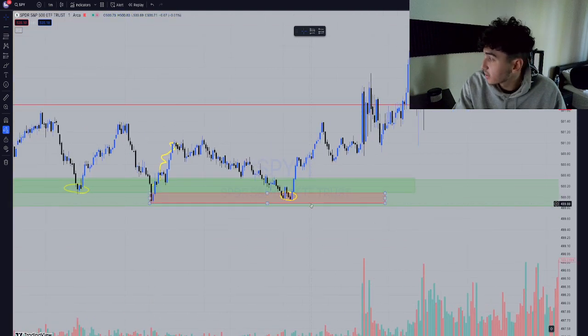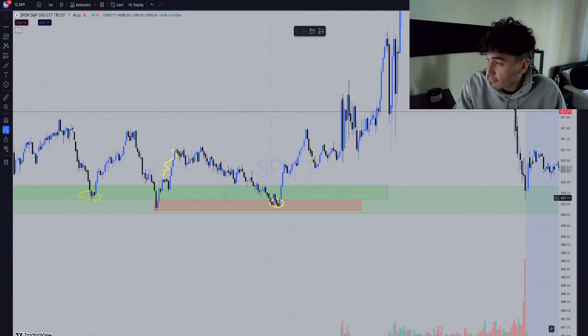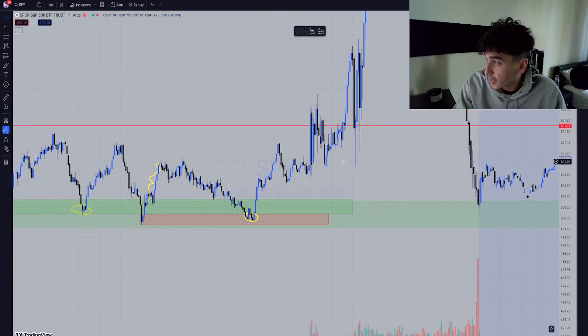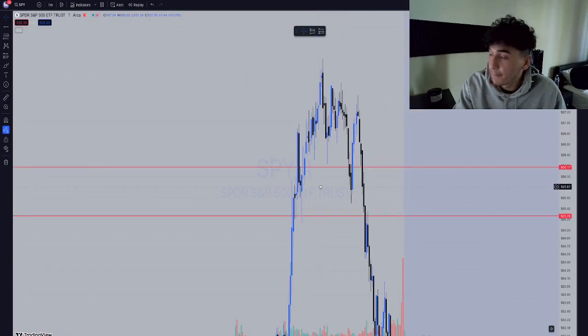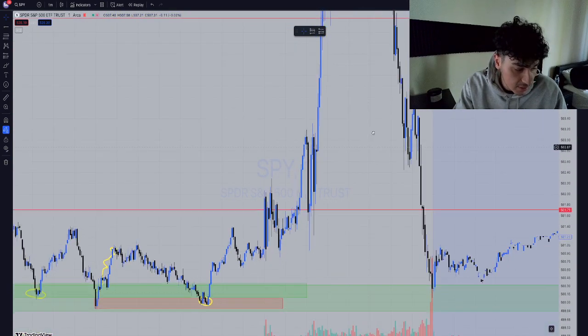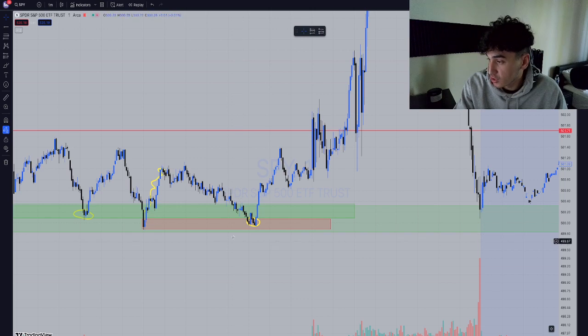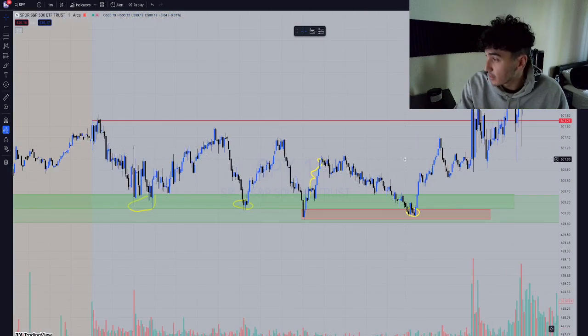You're literally risking like 10 to 15 cents on this trade. And then obviously you can see price heavily respects this zone, pushes up from this zone, buyers step in like crazy from this demand zone, and price goes absolutely diabolical from that demand. You guys can see how well that area worked just by getting that extra confirmation that we needed.